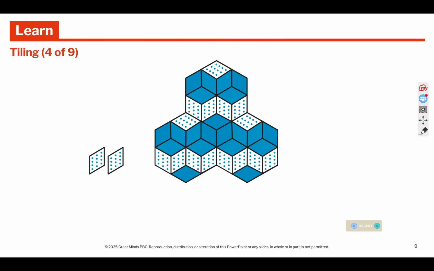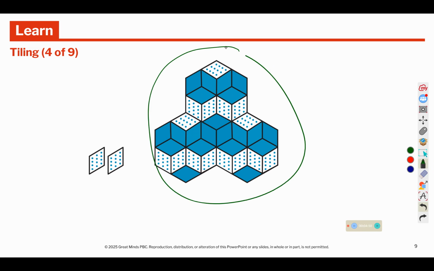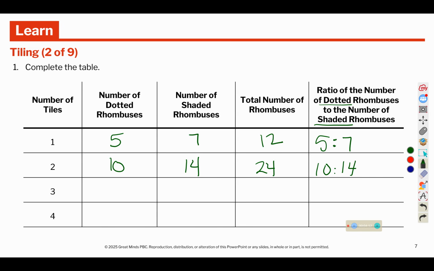Looking at 3 tiles placed together, count the number of dotted tiles and the number of shaded tiles. The total, 15 plus 21, is 36.